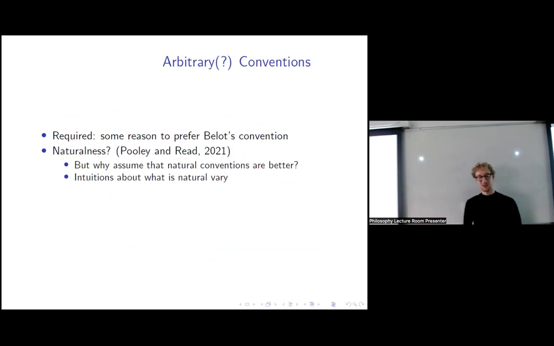Another question is, intuitions about what is natural may vary, right? So I can imagine that someone like Weatherall would say, actually, it's very unnatural to use isomorphic models in this way to represent those haecceitistically distinct possibilities, and instead they should always represent the same possibility.